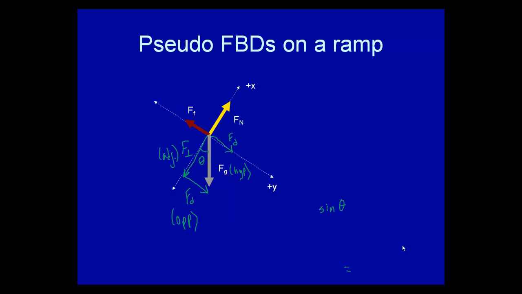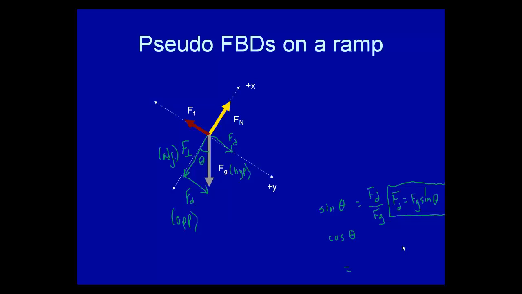So sine of theta is opposite divided by hypotenuse, so it's FD divided by FG. So when I solve for FD, FD is going to equal FG times the sine of theta. And that's kind of important. That's going to give you the force down the plane. It's simply the weight of the object times the sine of the angle.